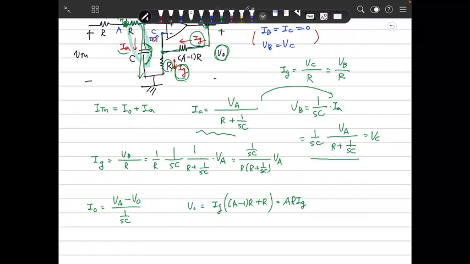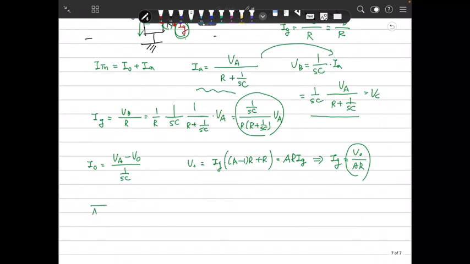So from here, we get the simple VO and VA relationship. Then how can you get that? Because from here, IG is VO divided by AR, and that is the same thing.